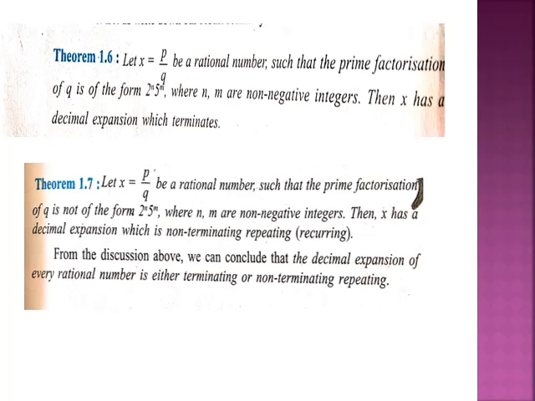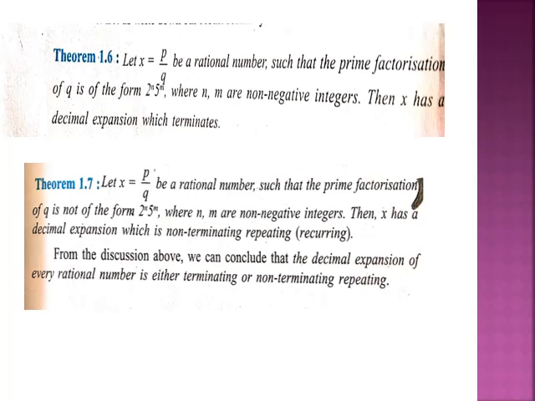Theorem 1.7 says: let x equals p by q be a rational number such that the prime factorization of q is not of the form 2 raised to n into 5 raised to m, where n and m are non-negative integers. Then x has a decimal expansion which is non-terminating but repeating.